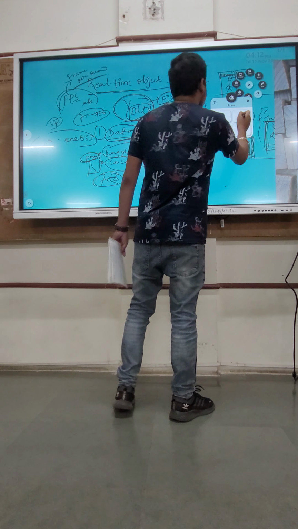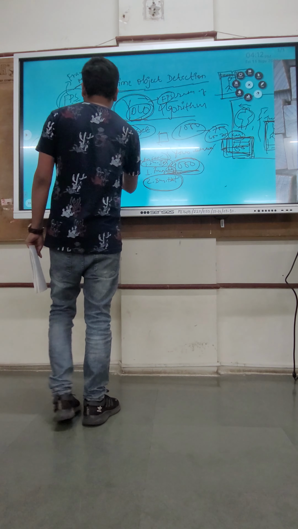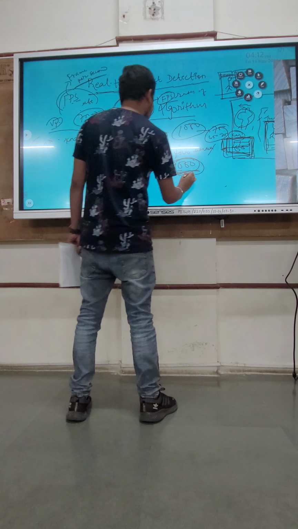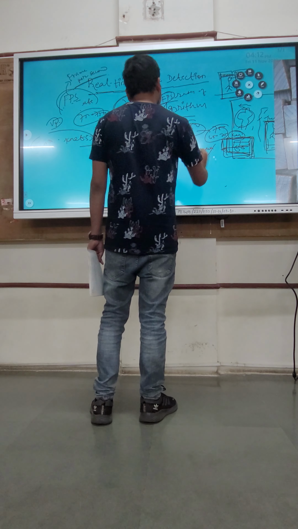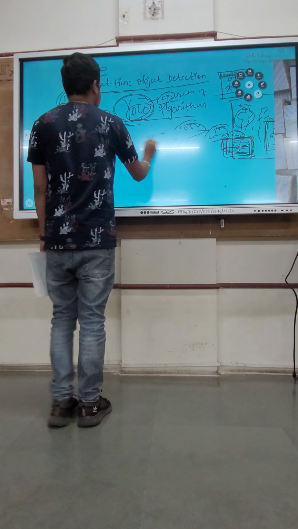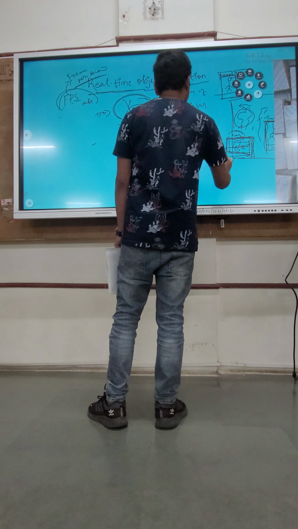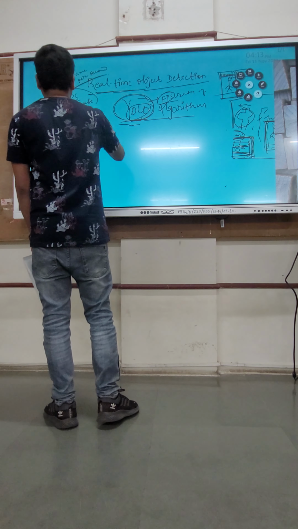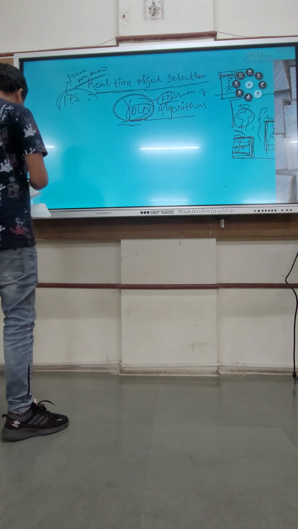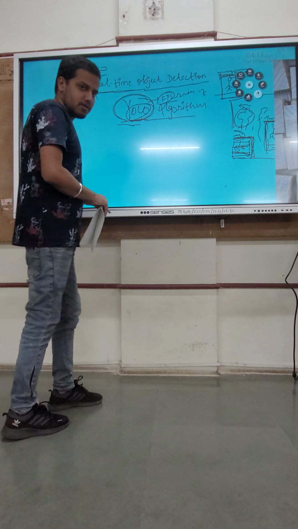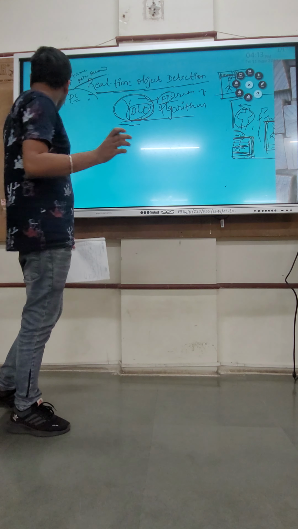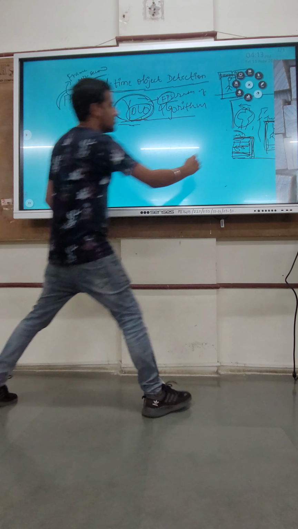So now we will go to the CNN part. For the CNN part, first we have to know the architecture of the CNN, how CNN works fully. So I will quickly do that part.